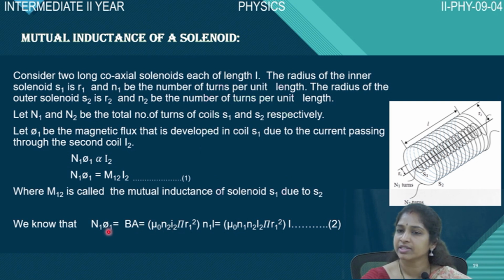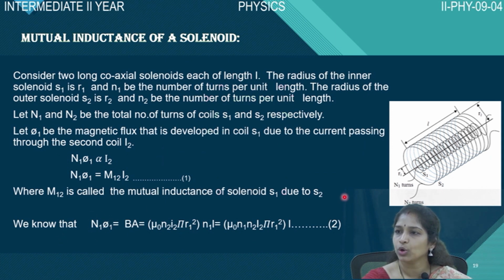Because flux is generated due to the current passing through the second solenoid. That is why the magnetic field is mu naught n2 I2. Area is pi r square. Area of the solenoid is pi R1 square into N1.